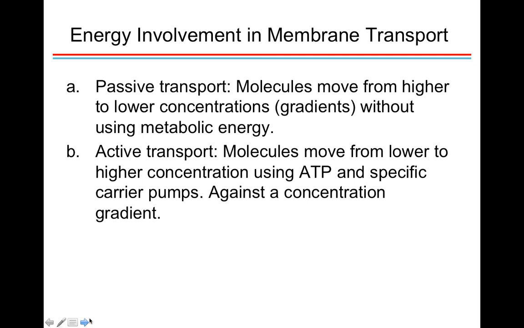Active transport occurs when molecules are being moved in a manner opposite that of the concentration gradient. So energy is needed to move a molecule from a lower concentration area to a higher concentration area, and this is going to require ATP and very specific carrier pumps.